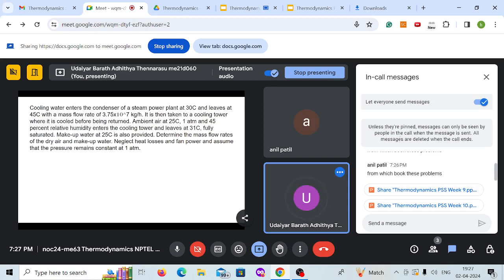Any other doubts? It's the reference book which is mentioned in the course.